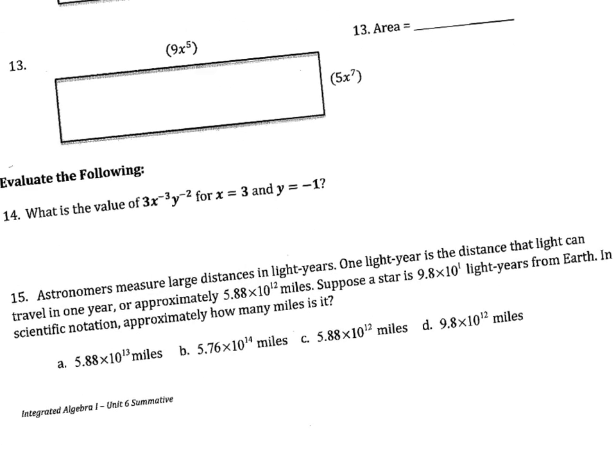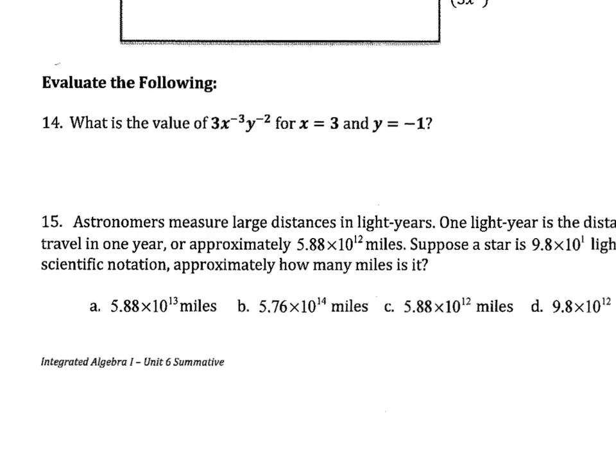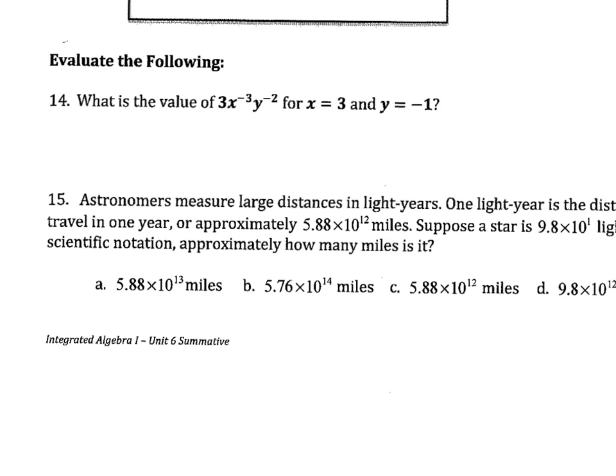Let's finish up 14 and 15. Now in 14, I think there is an easy way and a hard way to go here. I think it's harder if you plug in the numbers right away and then take care of flipping exponents. It becomes a lot of negative numbers, and a lot of people just kind of vomit on themselves when they start.